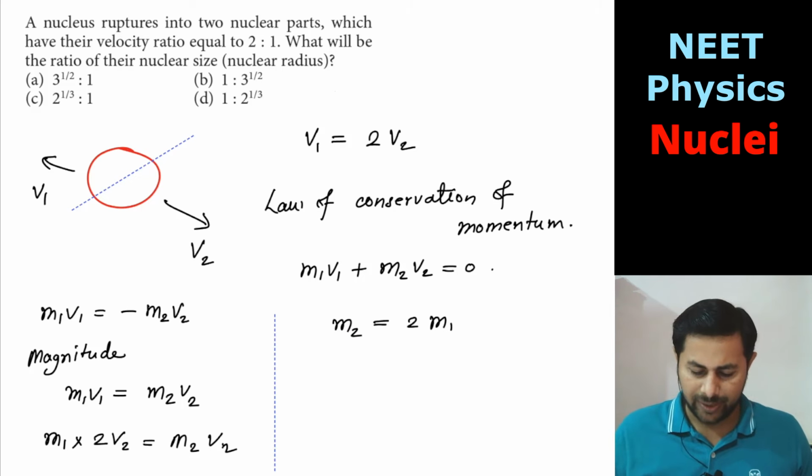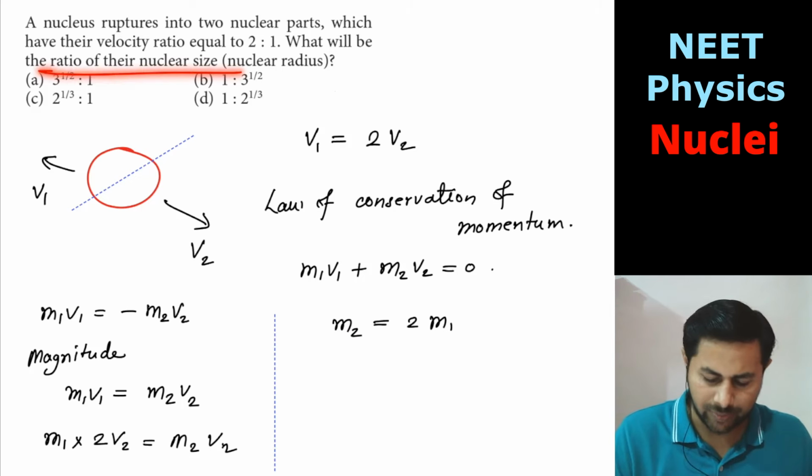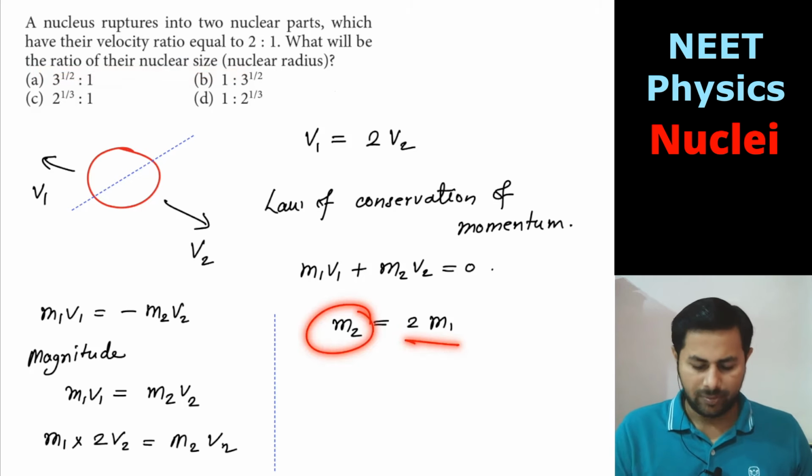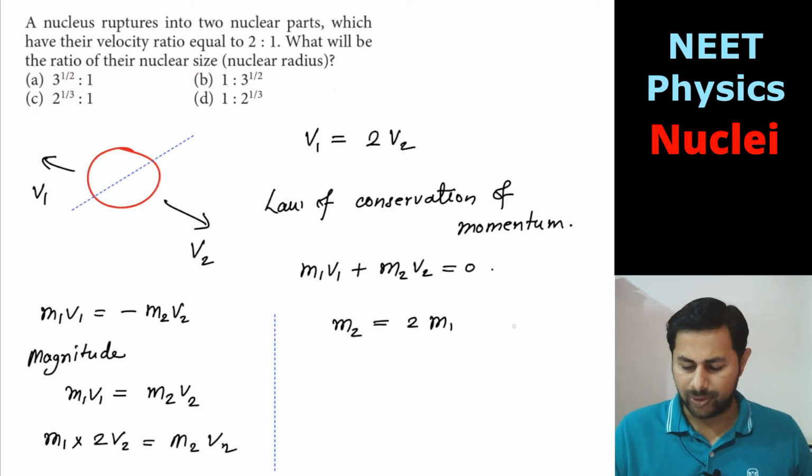And what does it mean? You want to find the ratio of their nuclear size, nuclear radius. The mass of the nucleus is proportional to the number of nucleons. The more nucleons, the more mass, right? And therefore you can say A2 is equal to 2 times A1, right?